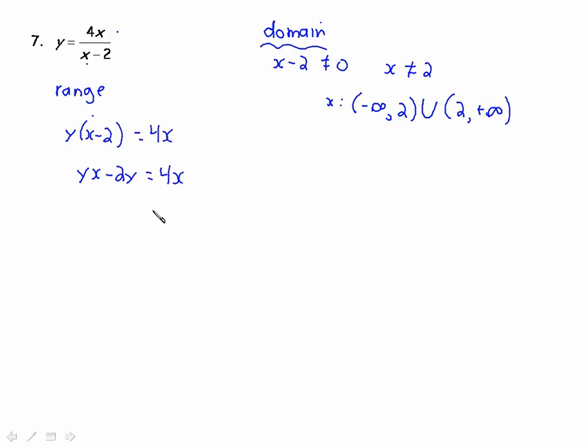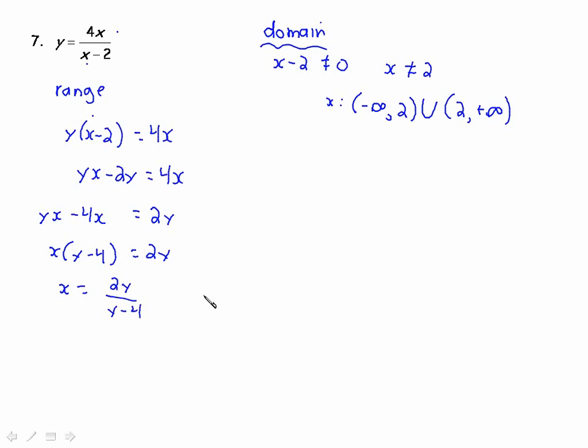My next strategy is I'm going to take the 2y over and I'm going to gather up the x terms. So this becomes yx minus 4x. And now I can factor the x out, leaving me with y minus 4 is equal to 2y. So x is equal to 2y divided by y minus 4.